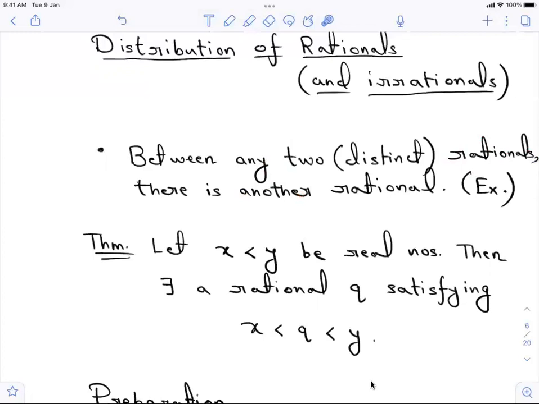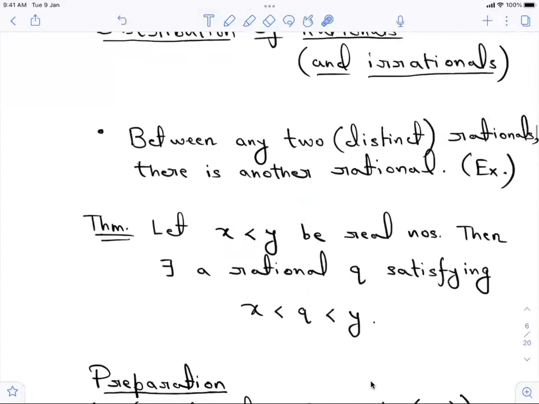If you think about it for a second, before you look at the proof, there is no obvious or easy method; using just your elementary or high school knowledge, you won't be able to prove this. So here's the main result: between any two real numbers x and y, with x less than y, I can always find a rational number q.